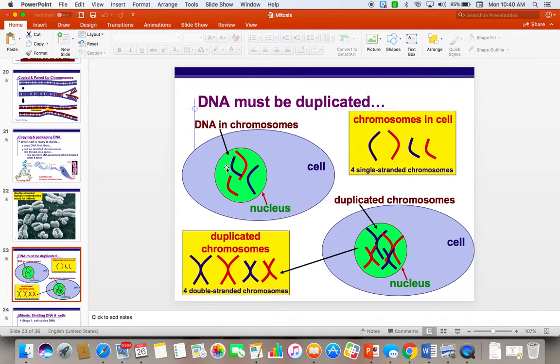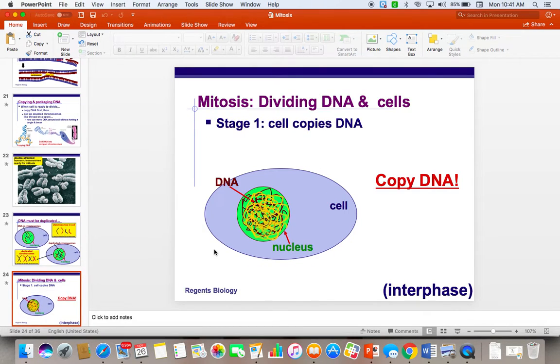And so that's why when we start the cell cycle, we have a cell that has single chromosomes in it. And then after we complete the first part, which is interphase, we have double chromosomes, okay? So during interphase, we have 3 stages.